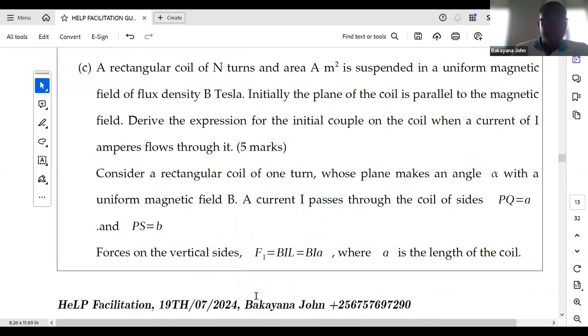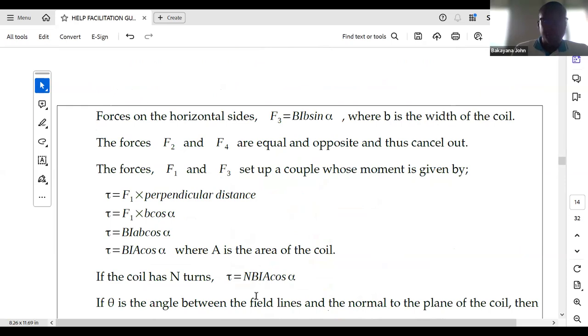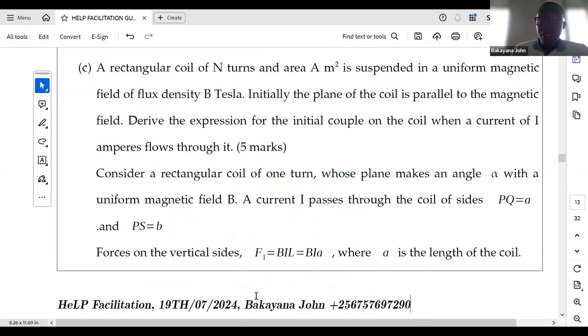Okay, we are here. Consider a rectangular coil of 1 turn whose plane makes an angle alpha.